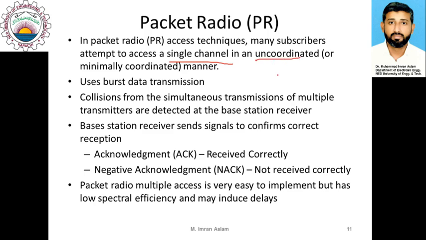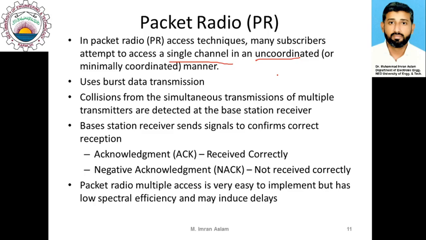So what happens? A user waits whenever data is available, and then attempts to transmit the data. If there is no other transmission going on in the channel, the transmission becomes successful and the data is received at the receiver side.